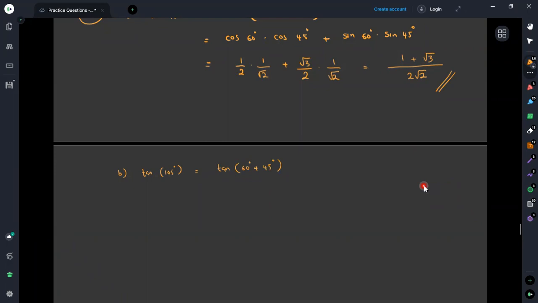Now we can use this method to find the solution. If you are familiar with tangent of a plus b, this can be considered as tangent a plus tangent b divided by 1 minus tangent a times tangent b.